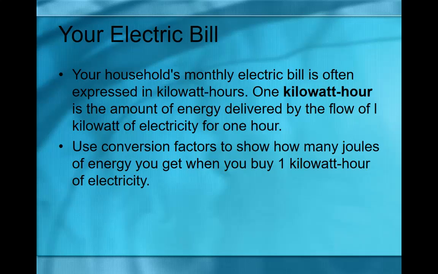Now, a kilowatt hour is going to be 1,000. If we take a look at these units, kilo, remember, means thousand. So this is 1,000 watts per hour. We need to compare this to our units if we want to think about that.